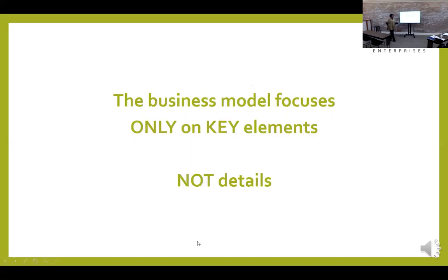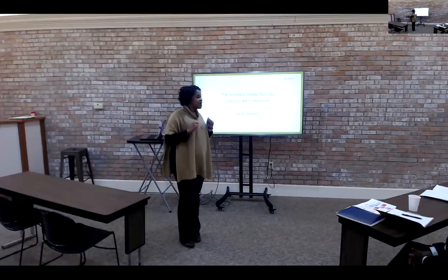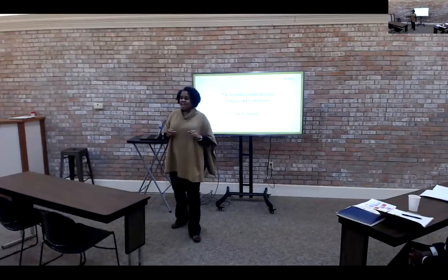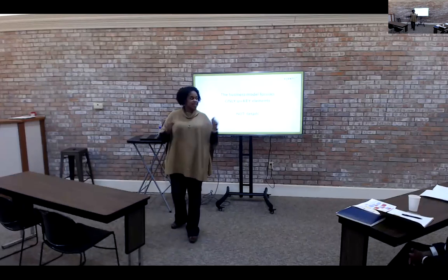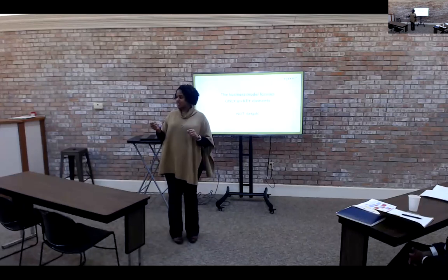So to help you understand what I mean by key elements and details, we're going to do a quick visualization exercise. So what I want you to do is close your eyes and imagine you are in an airplane and you are at the Columbus Airport getting ready to take off.